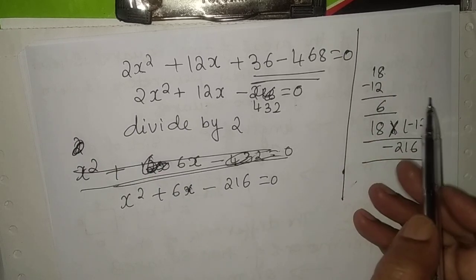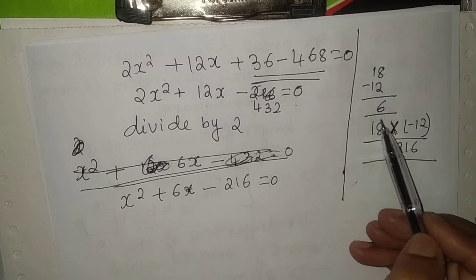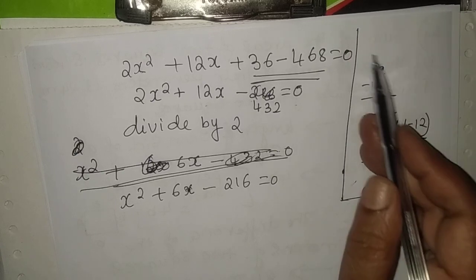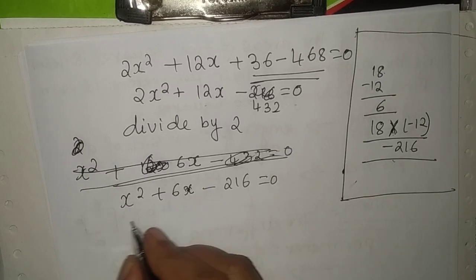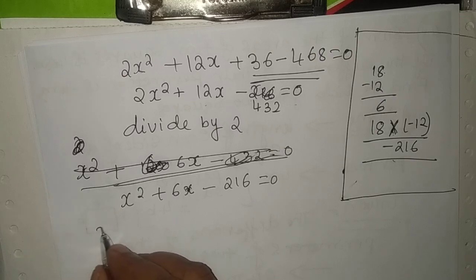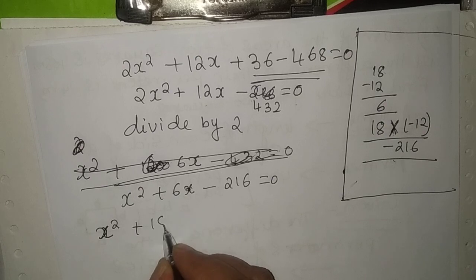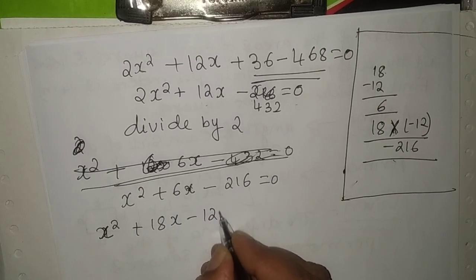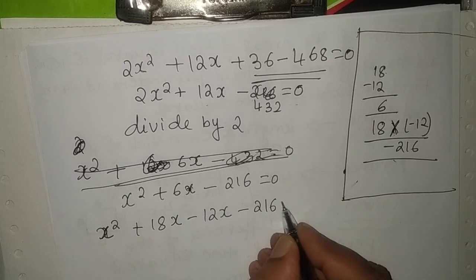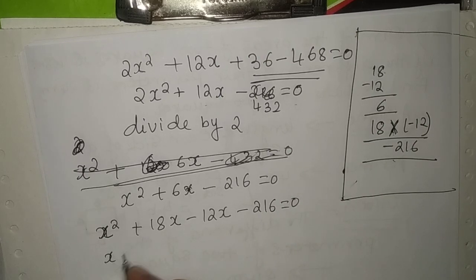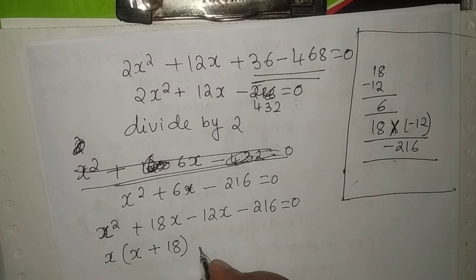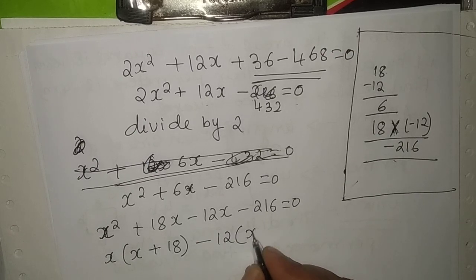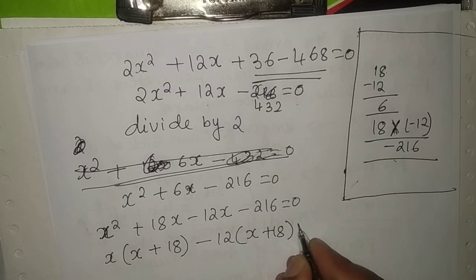For this, I have done the calculation: 18 minus 12 is 6 and 18 into minus 12 is minus 216. After this we'll substitute here: x square plus 18x minus 12x minus 216 is equal to 0. So x into x plus 18 minus 12 into x plus 18 is equal to 0.